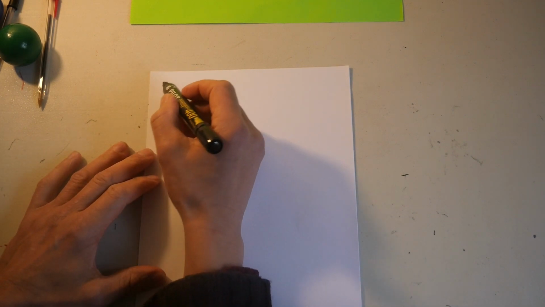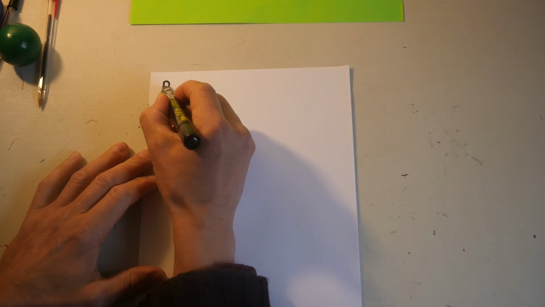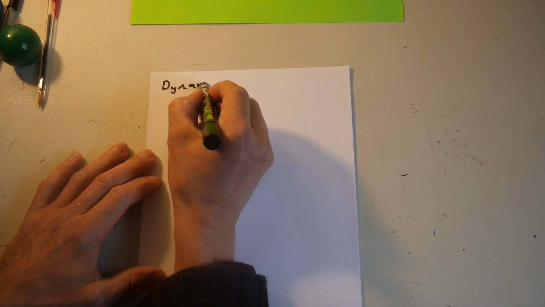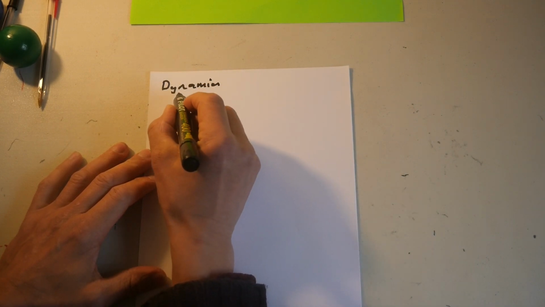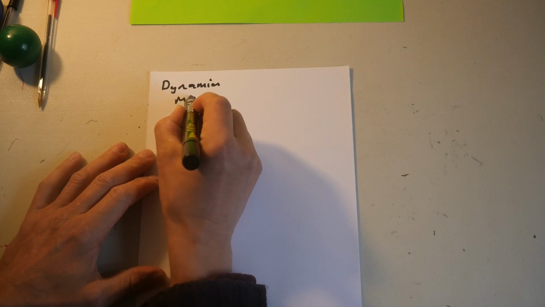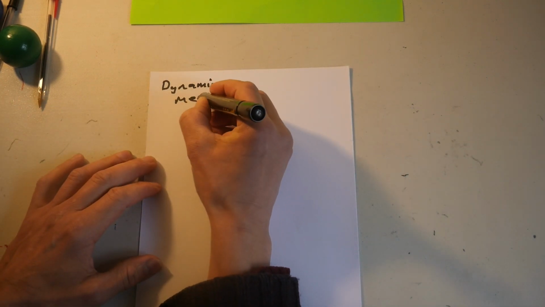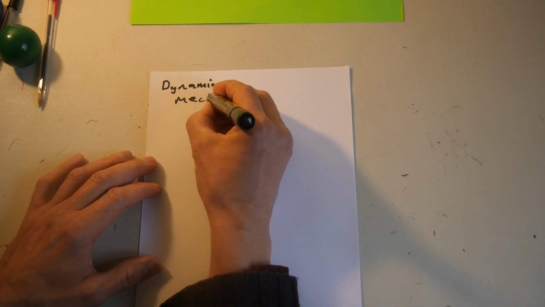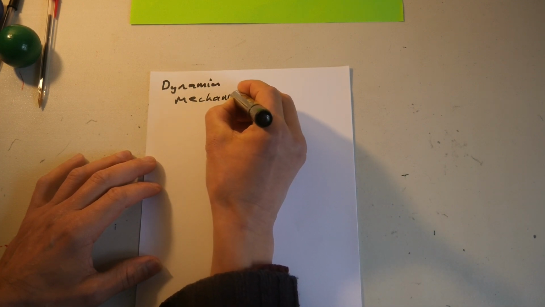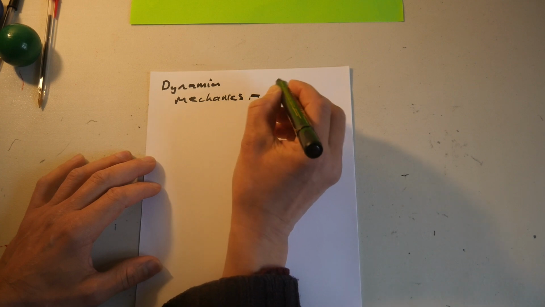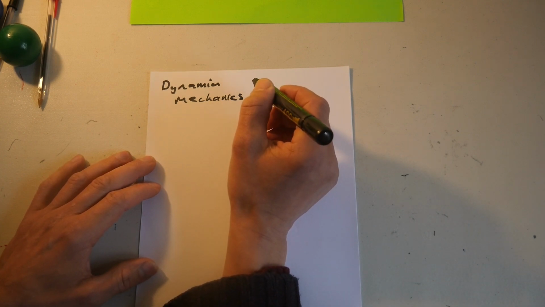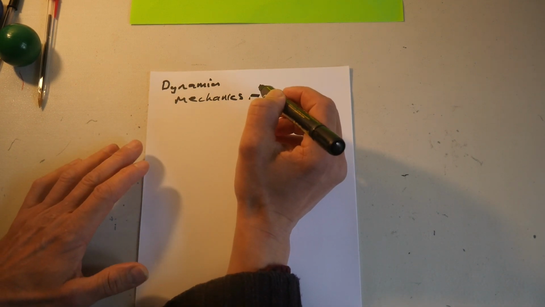So dynamics consists of mechanics. Dynamics is about the movements of objects. Okay, mechanics deals with the movement of objects and how objects move, and forces and stuff that act on them.